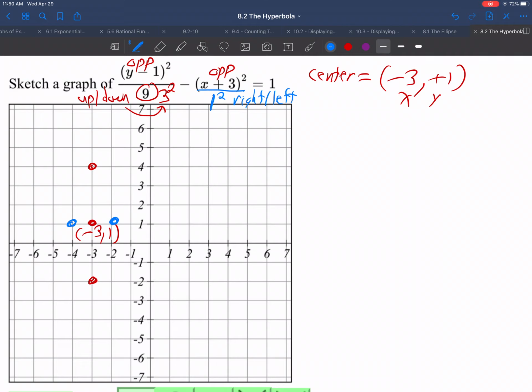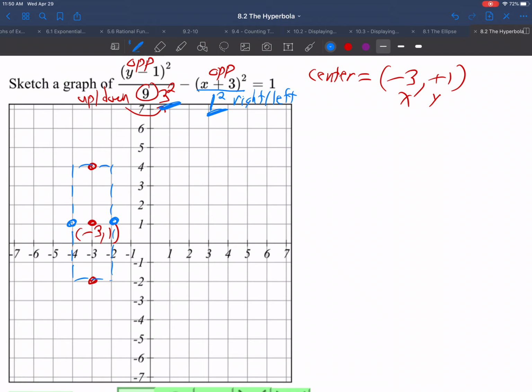So there is our dotted box. From the center, the box goes up and down 3, right and left 1, because that's what's underneath y and x.